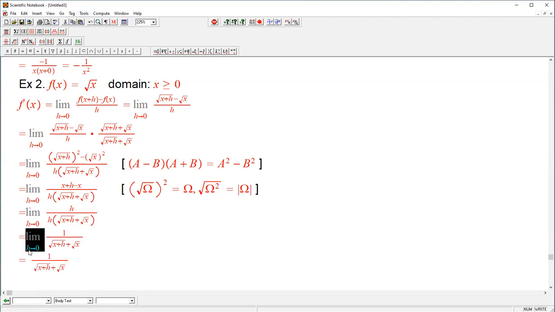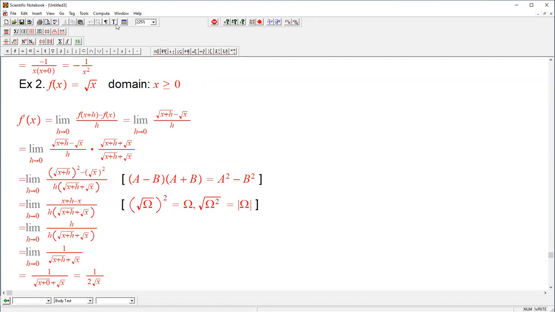You can say, oh, I'm applying limit law. You can apply limit law, so h will be replaced by 0. So in the end, we got 1 on the top. In the denominator, we have 2 square root of x, so it's 2 times square root of x. This is also a very commonly used derivative.